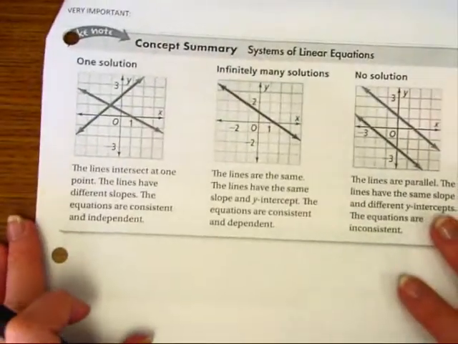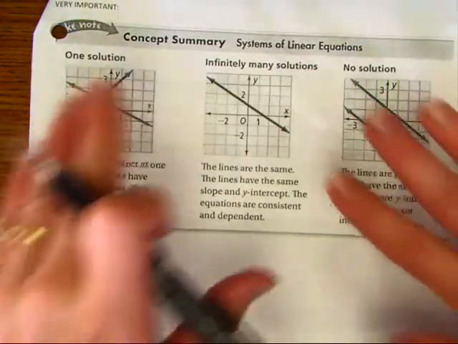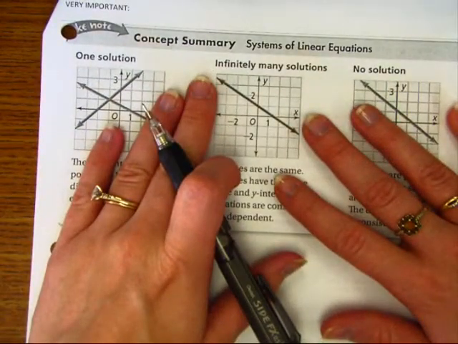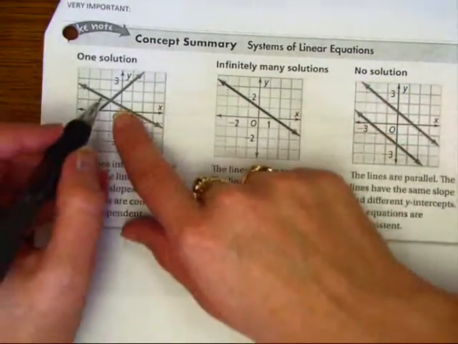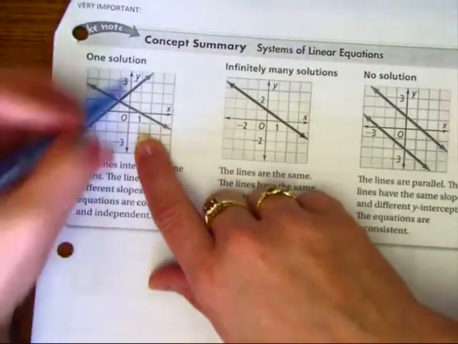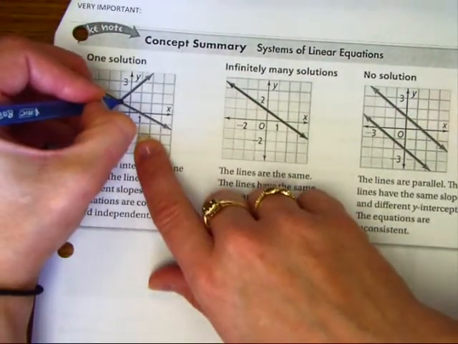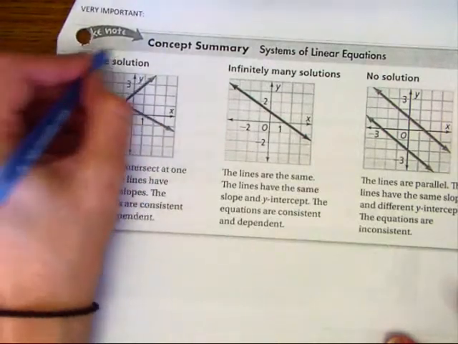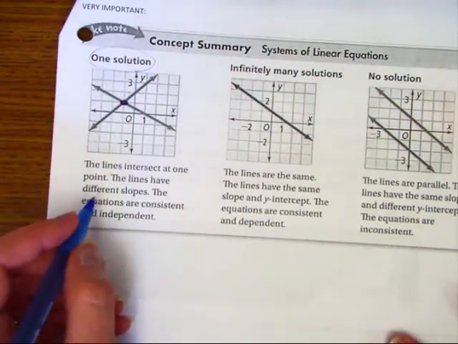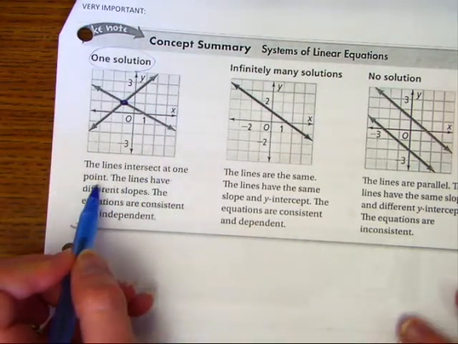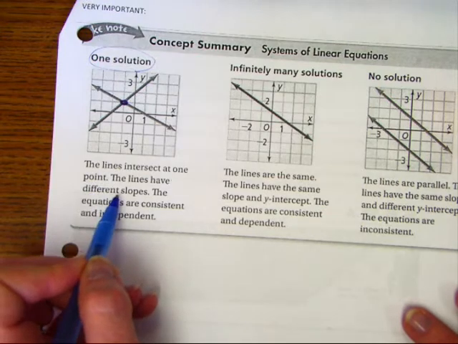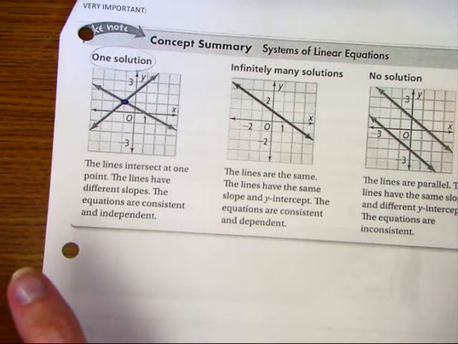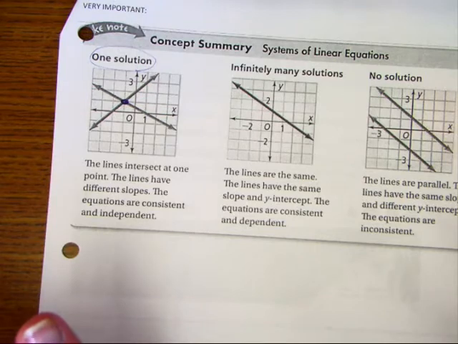Moving on is your summary page. If you're a picture person like me, this is very helpful. Okay? If your lines cross one time, your important words is that they have different slopes, and who cares about the y-intercepts? They have different slopes. They'll cross once. Okay?